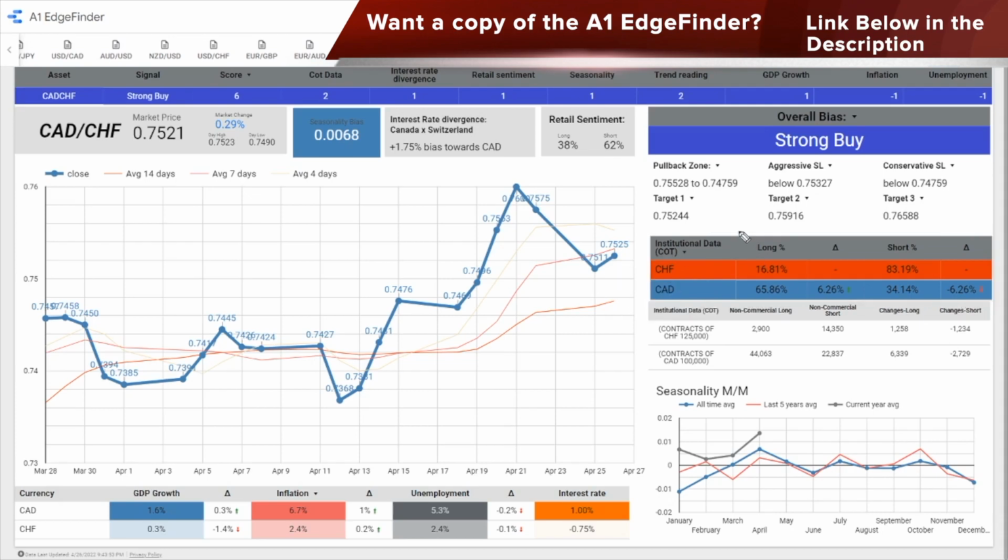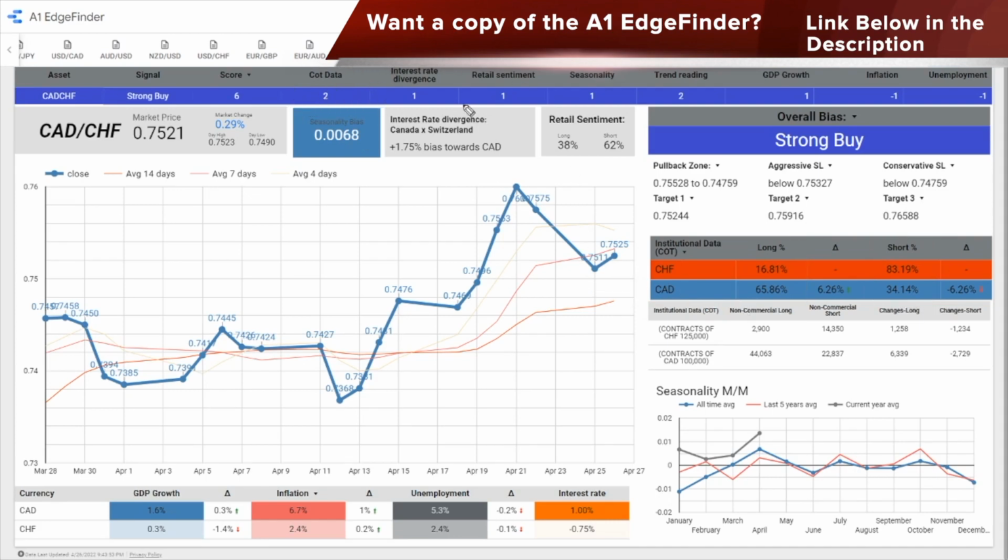What we can see here, if we look in the long category, is that 66% of institutional traders are long on the Canadian dollar, whereas only 16.8% are long on the CHF, or the Swiss franc. On the contrary, we have a high short positioning and a low short positioning, relatively speaking, telling us that if we're going to buy one of the two of these, institutional traders are long, so we should consider that in our analysis. Bam, it gets a +2 in that category: CHF short, CAD long, +2.